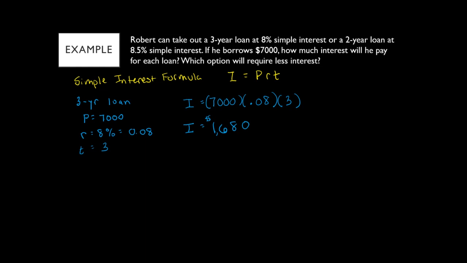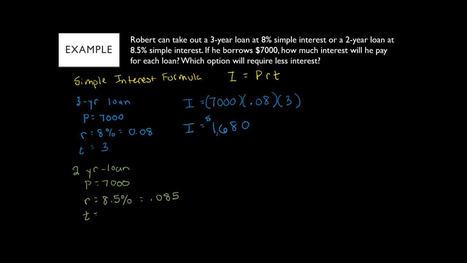And then we want to do the same thing for the 2-year loan. Notice how I'm color coding here. I like to do that so you can keep things separate. With the 2-year loan, our rate is 8.5%, which is 0.085, so slightly different with the decimal.